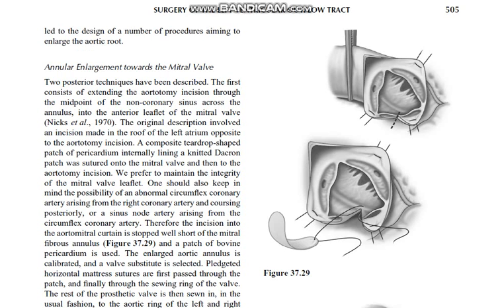Now we see the Nicks procedure, and first the incision line which shows us in the non-coronary cusp, in the middle of the non-coronary cusp, and it is extended not to the anterior mitral leaflet but to the fibrous trigone of the anterior mitral leaflet, and then the patch is sewn, therefore the incision into the aortomitral curtain is stopped well short of the mitral fibrous annulus, and the patch of bovine pericardium is used.